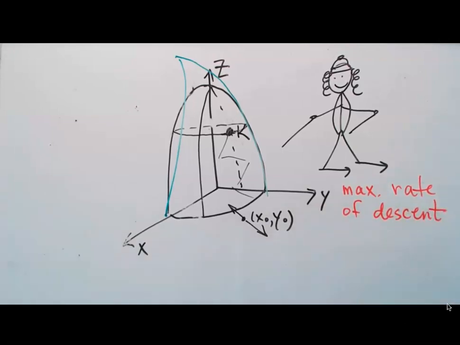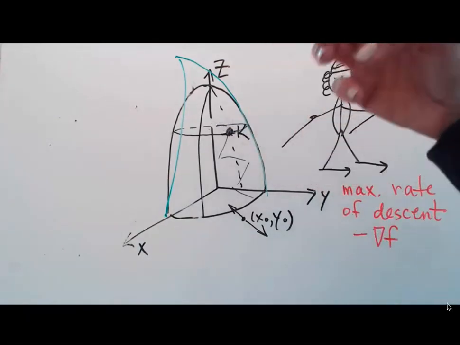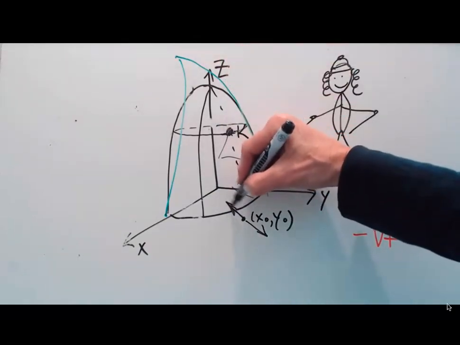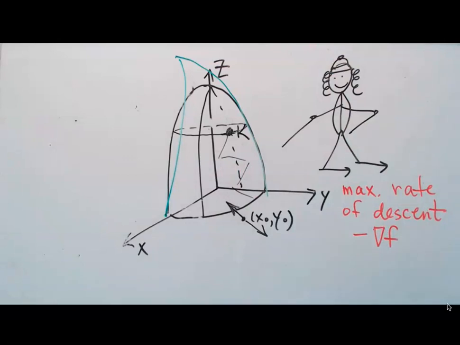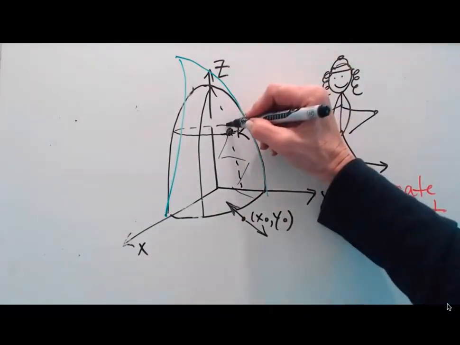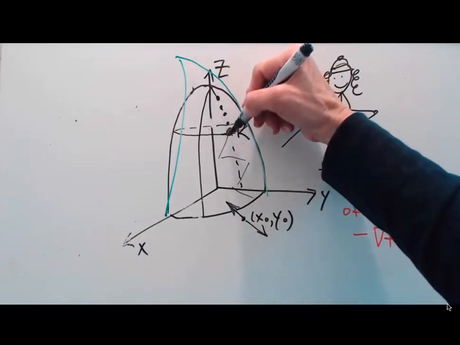Well, we know that that is minus the direction of the gradient. Now, in this case, because of what we said about gradients being perpendicular to level curves, the gradient is going to be this vector pointing inward. Why is that? Because when we take this vector and plot the corresponding points along the surface, we get a curve.